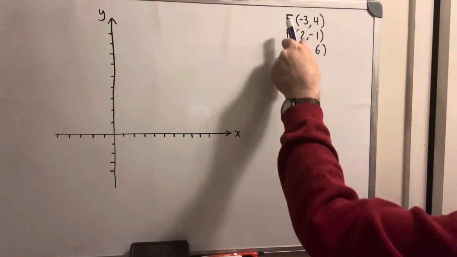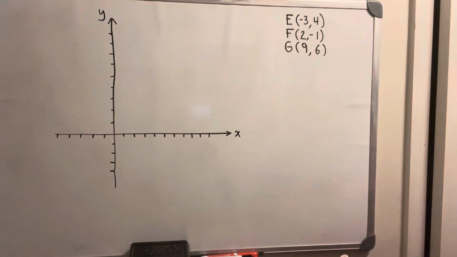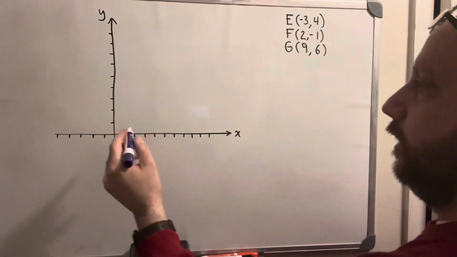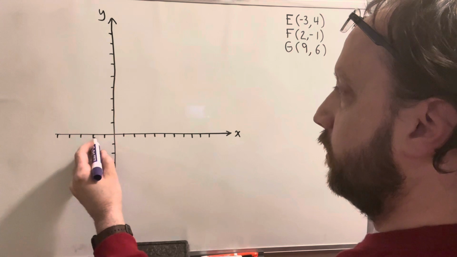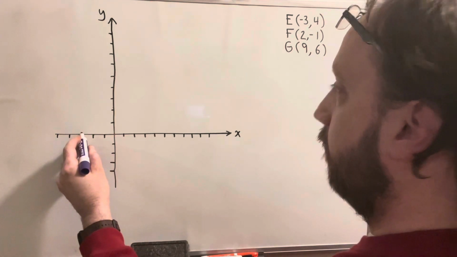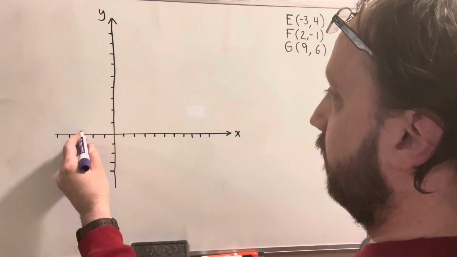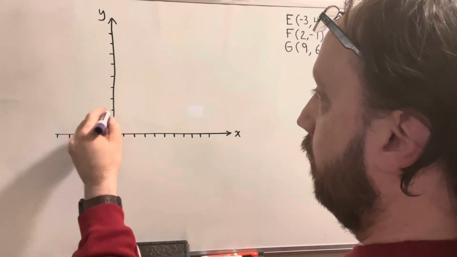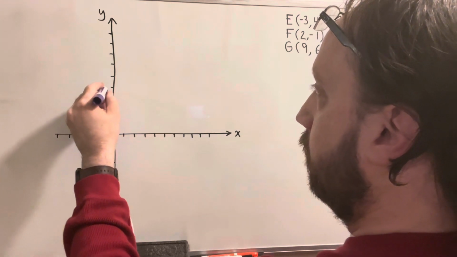Let's start with point E, which is at -3 on the x-axis and 4 in the y direction. Remember, the first one is the horizontal axis, -3. So this is -1, 2, 3, and 4 in the positive y direction. So 1, 2, 3, 4.